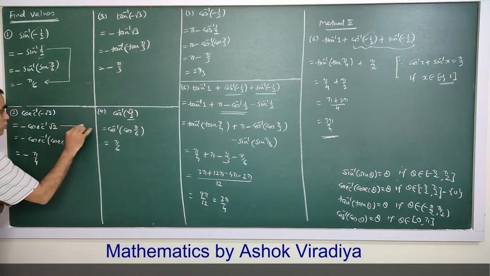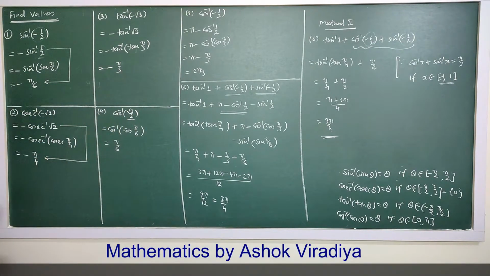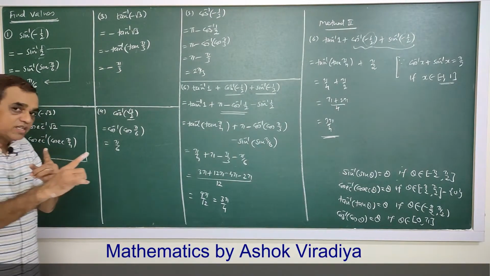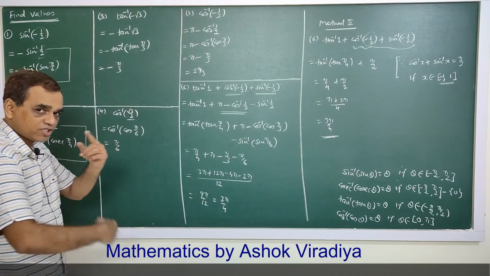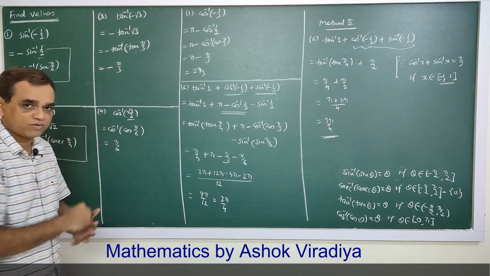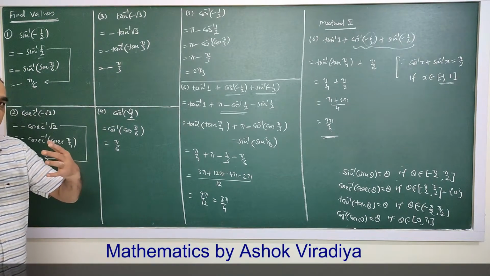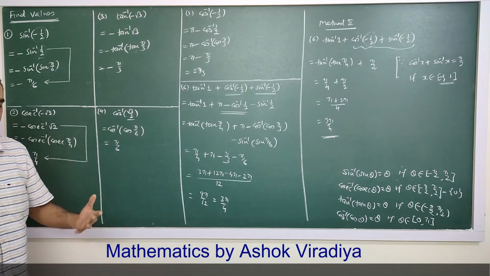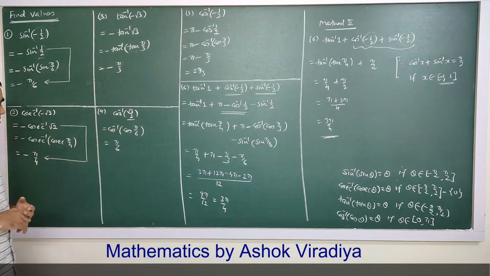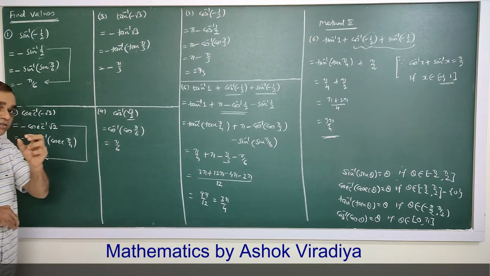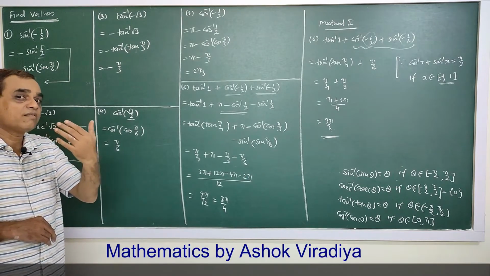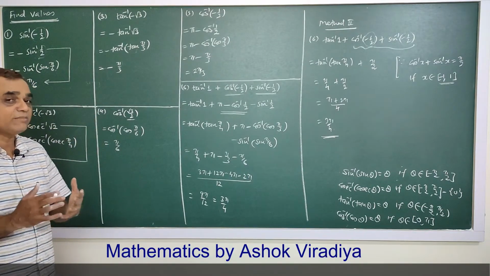After this step, you can also put this step directly, because cosec pi by 4 is root 2, so cosec inverse root 2 is pi by 4. You can remember it this way if the numbers are positive, because for positive numbers you know the value very well without any mistake.